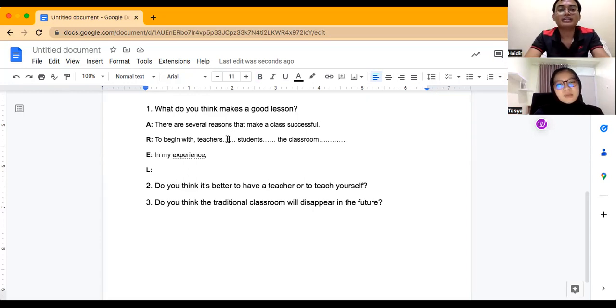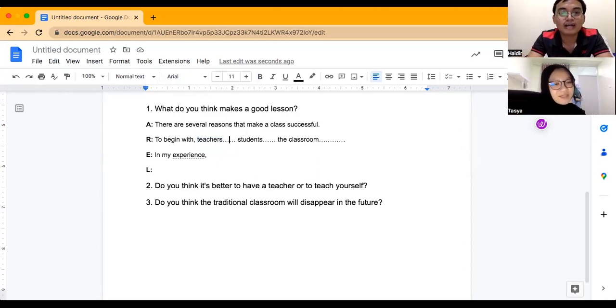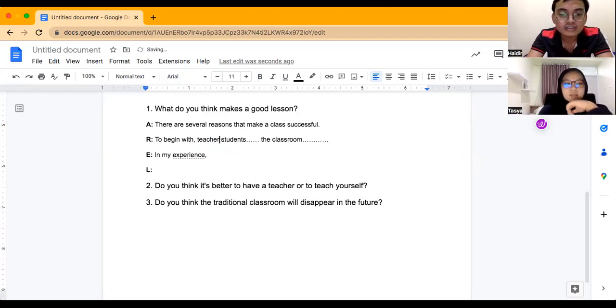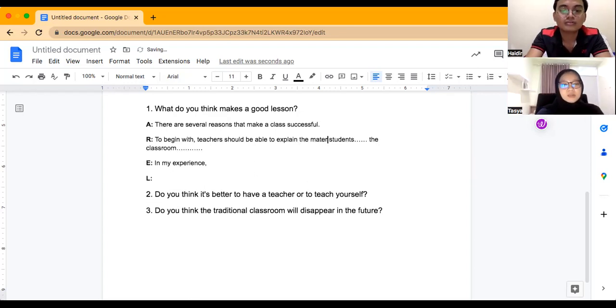Oke, coba kita panjangin dulu ya, reasonnya biar nggak bingung. Tadi kamu bilang apa? There are several reasons that make a class successful. To begin with, teachers should be able to explain the materials clearly, and then the students.